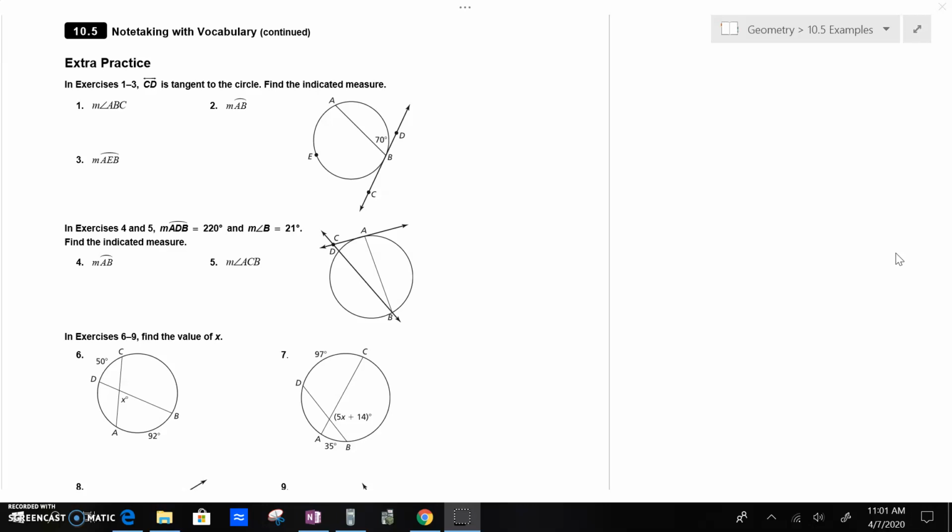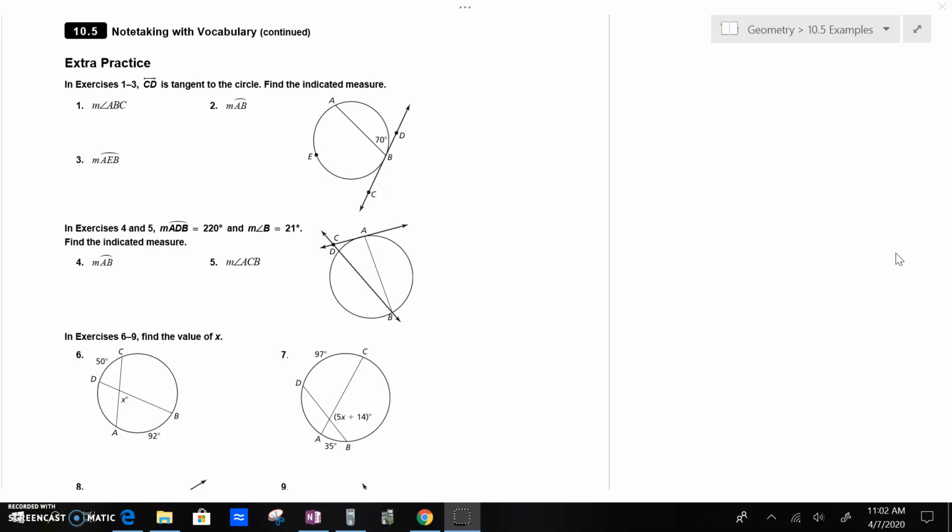So first off, angle ABC. That's actually asking us to do a very, very old skill. So angle ABC, that is the angle on a line that is directly next to the 70, the ABD. So the angle ABC, going from A to B to C, has to add with 70 to be 180 degrees. So they're supplementary.